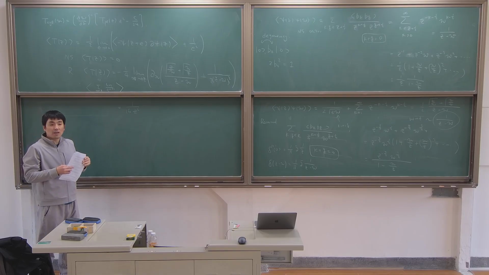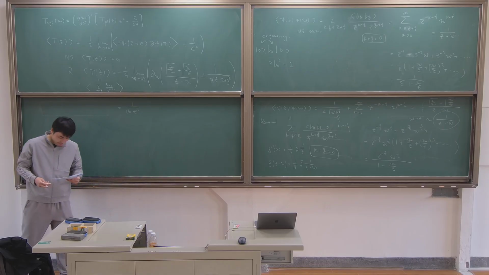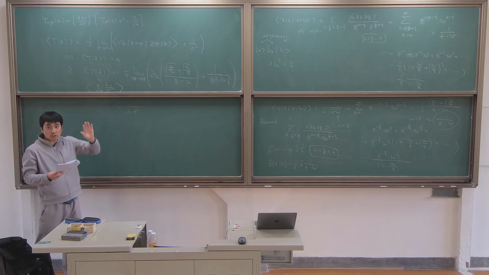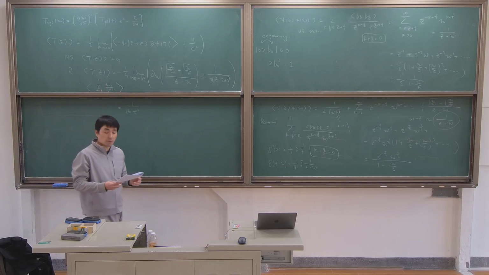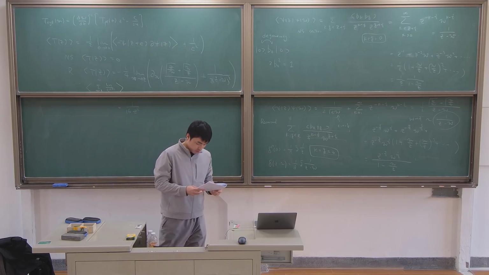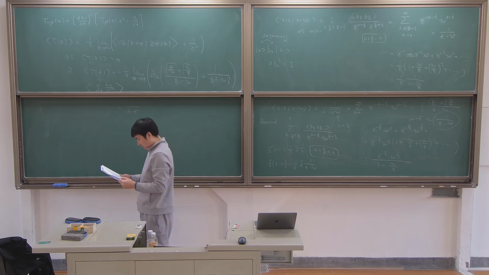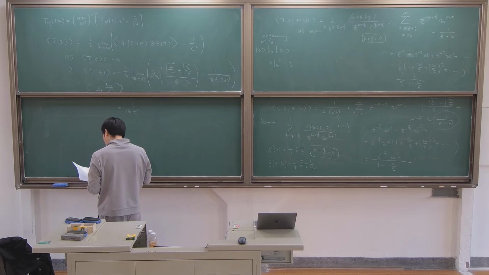Since we know that L0 is related to the Hamiltonian, the boundary condition affects the zero-point energy, or vacuum energy, or Casimir energy, whatever you call it.